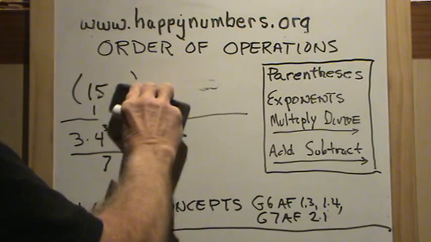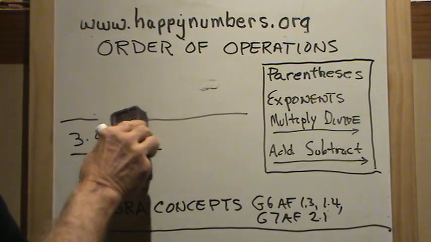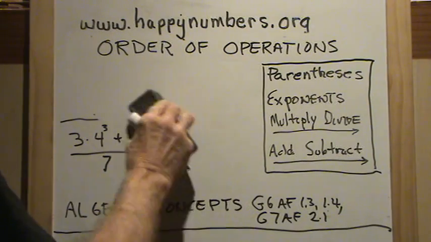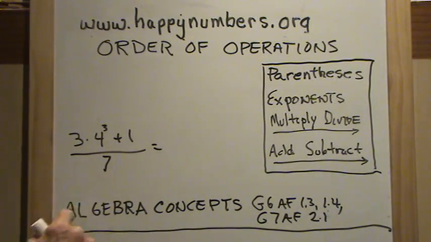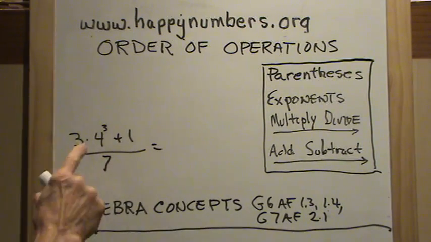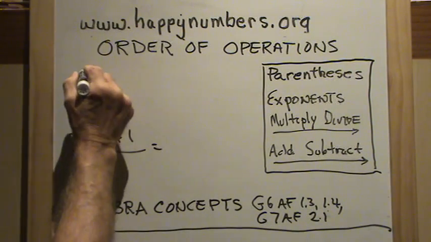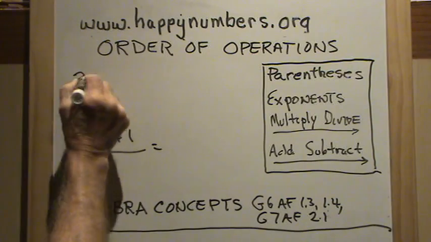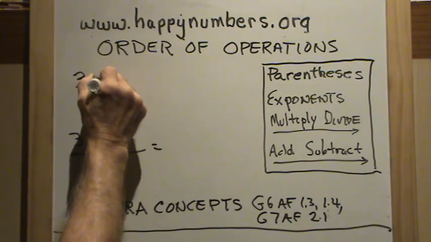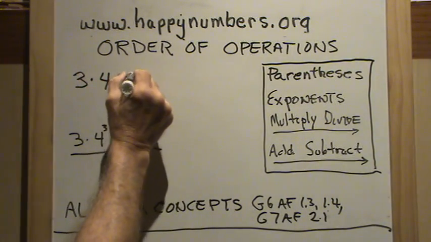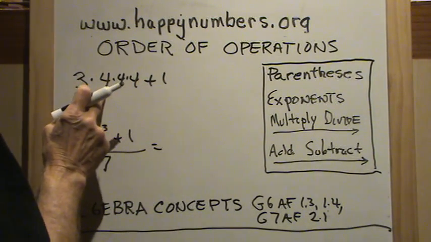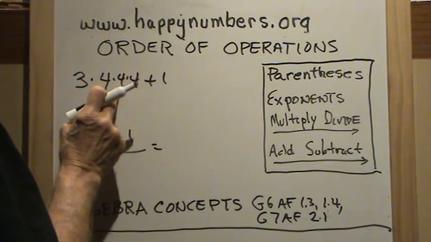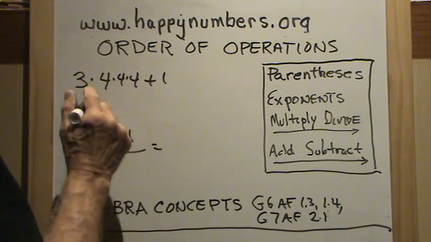Let's try this one. I'm going to work it up here. Well, we have to do the exponent first. So 3 times 4 times 4 times 4 plus 1. Okay, well, 4 times 4 is 16, and 16 times 4 is 64.